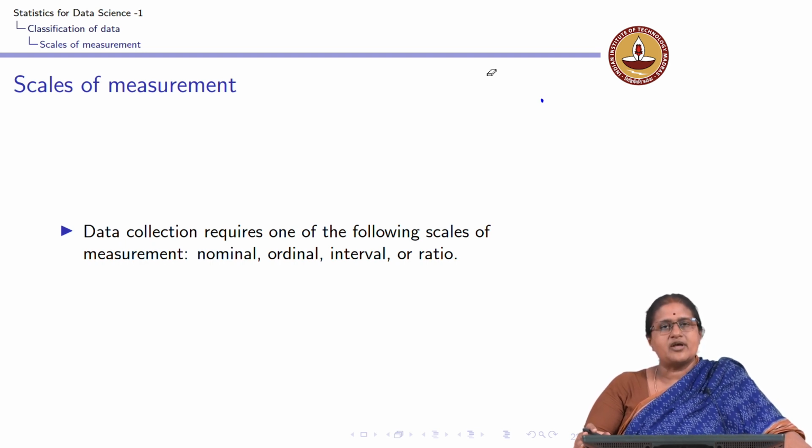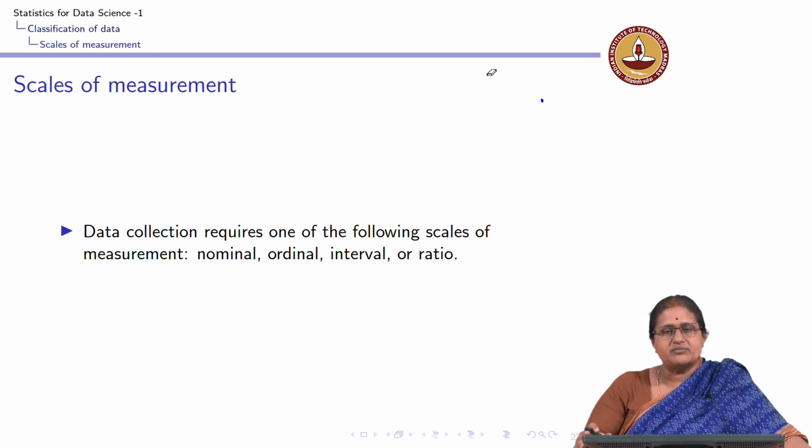It is extremely important for us to know what is the scale of measurement for each of the variables I have in my data set to eventually come up with what is the kind of summary I can do for that variable. Hence, it is extremely important for us to know what is the scale of measurement for each variable.